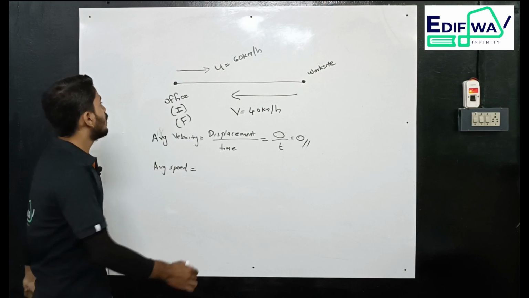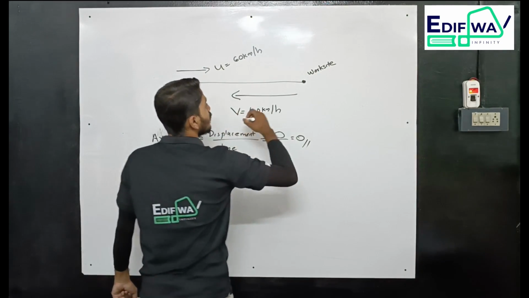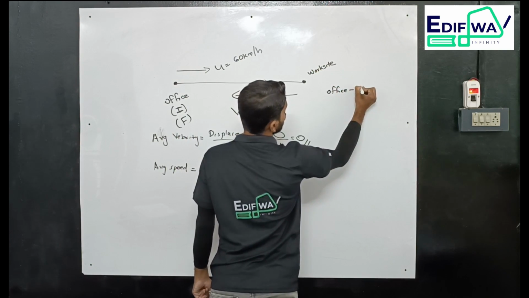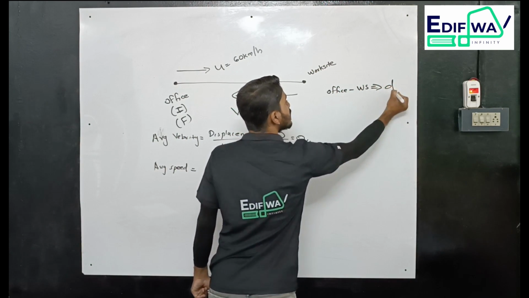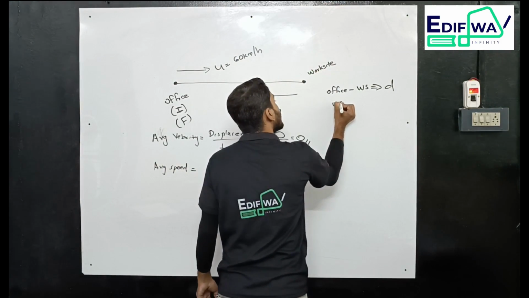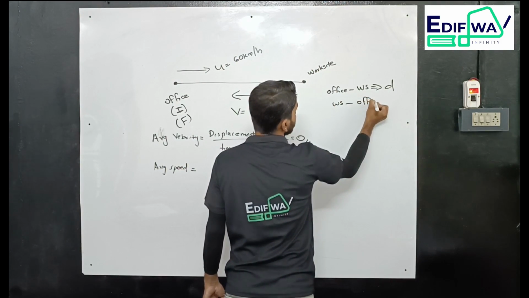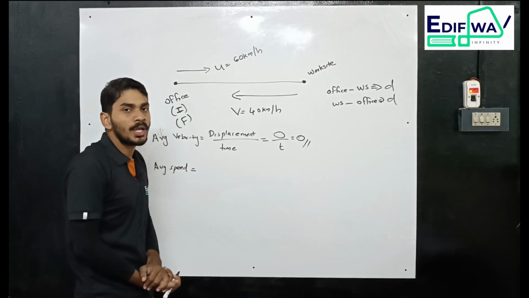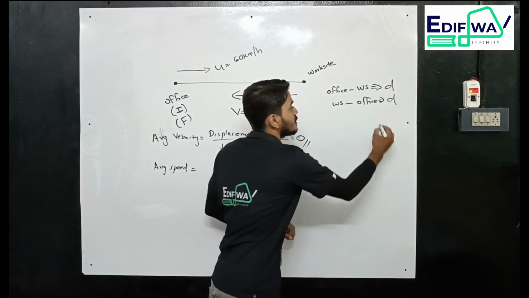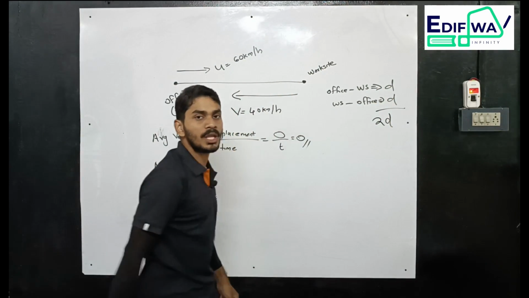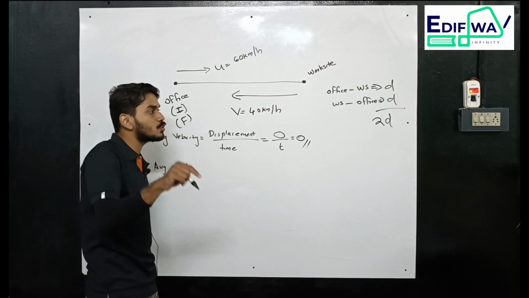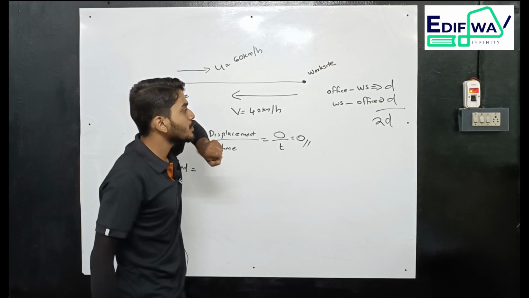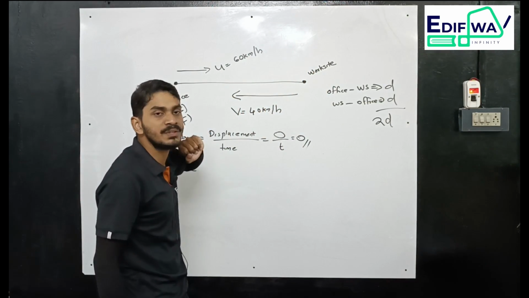From office to work site, if the distance is d, then from work site to office the distance is the same, d. So the total distance is 2d. Out of the total distance 2d, the first half distance is moved with velocity 60 and the next half is moved with a velocity 40.